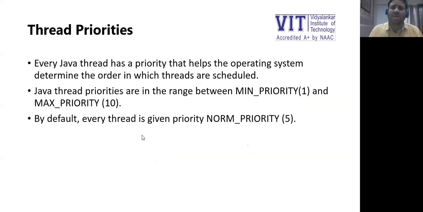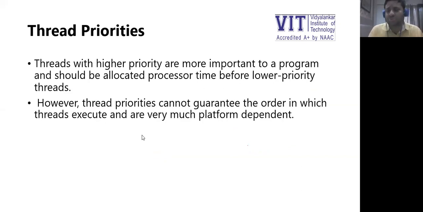Just the way I discussed, a thread with higher priority should ideally be more important to a program, and processor allocation should be more to it. But the priority of a thread cannot guarantee the order of execution, and it is very much platform dependent rather than depending on the priority. So we should not assume that a thread with high priority will execute first and then the thread with lower priority.